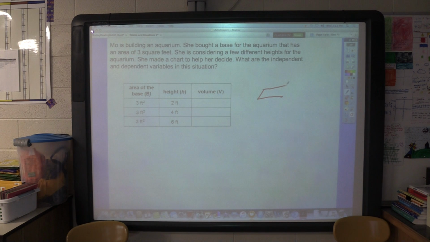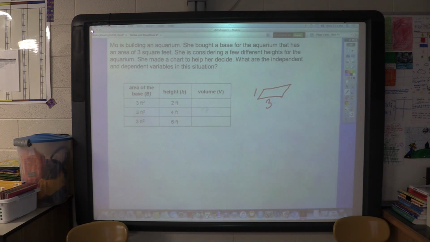You can imagine she goes to the pet store perhaps, and they sell her a base for her aquarium, and it has an area of 3 feet squared, or 3 square feet. I'm going to imagine the width is probably 1 foot and the length is probably 3 feet, so it's 1 by 3 feet.